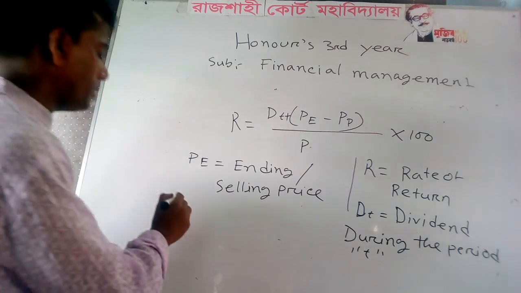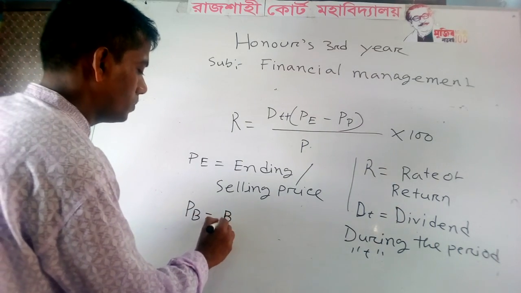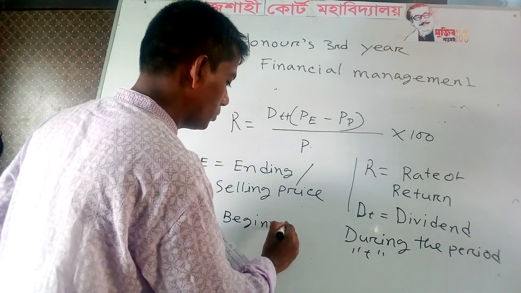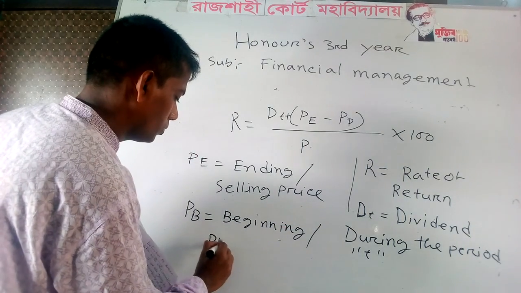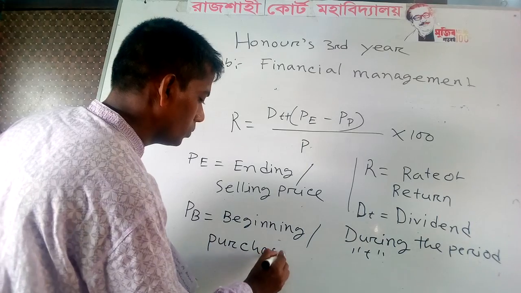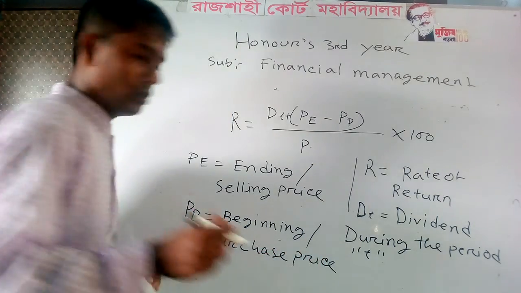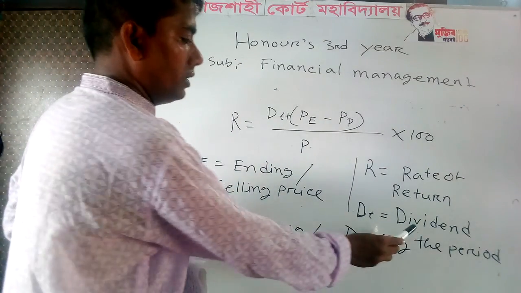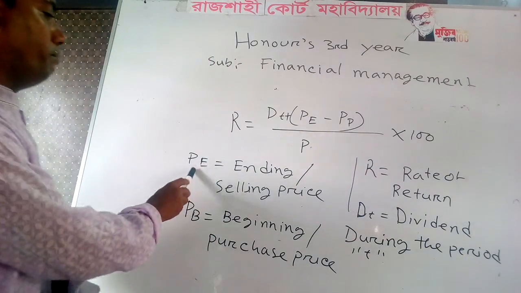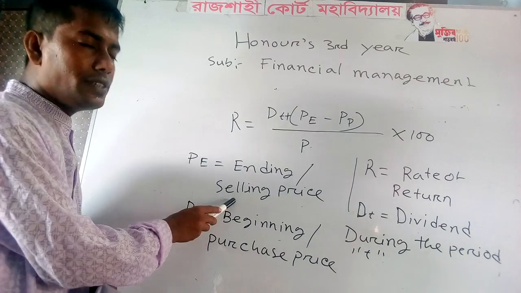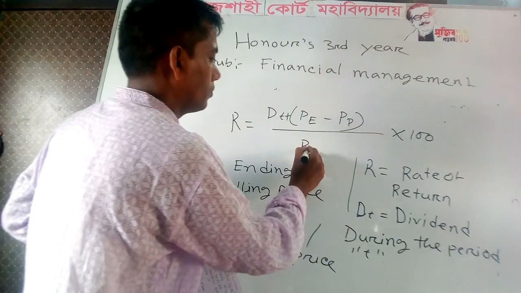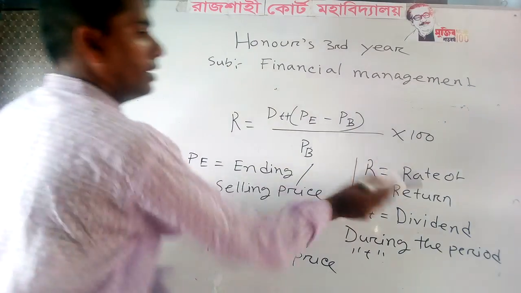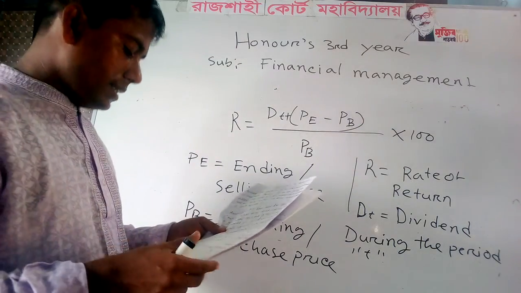PB is the beginning or purchase price. R is the rate of return into 100. It is the formula of the return.